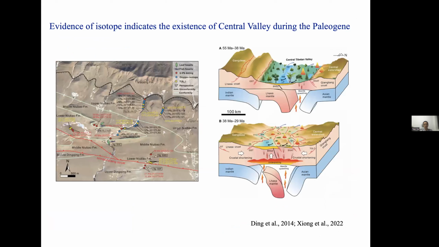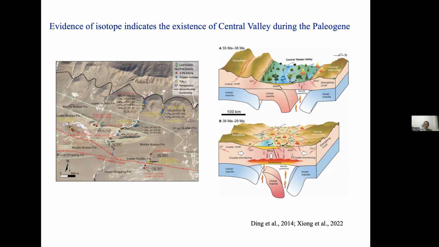So this hypothesis is also supported by a recent study with isotopes. Colleagues from ITP in Beijing, Professor Ding Lin's group, used isotopes to calibrate the paleo-elevation and the paleoclimate.